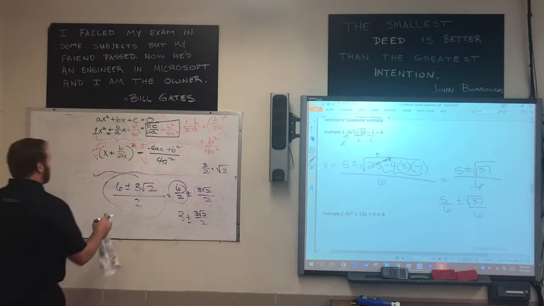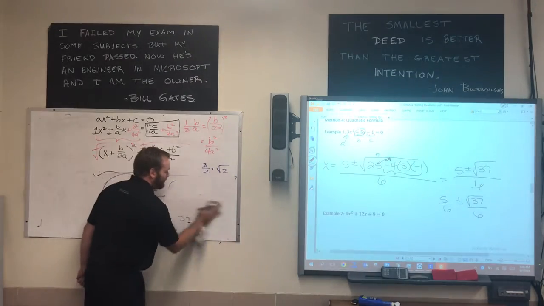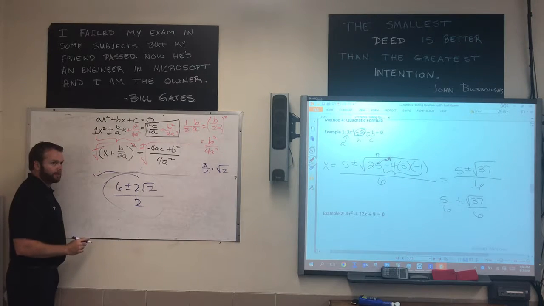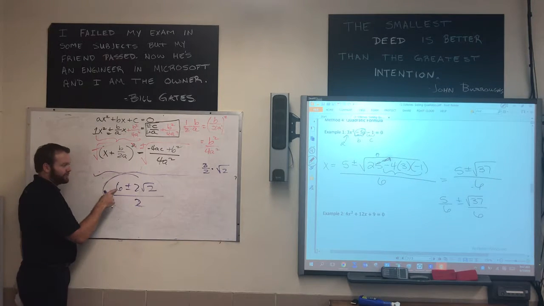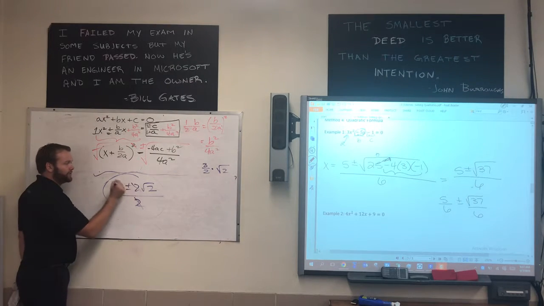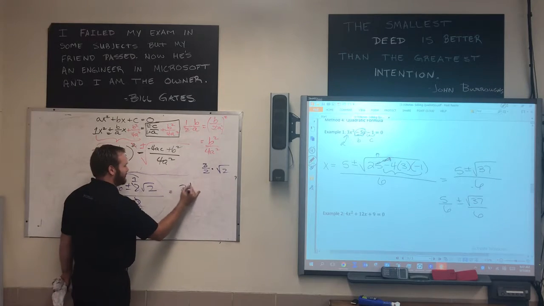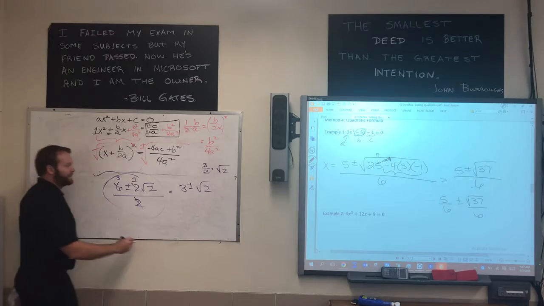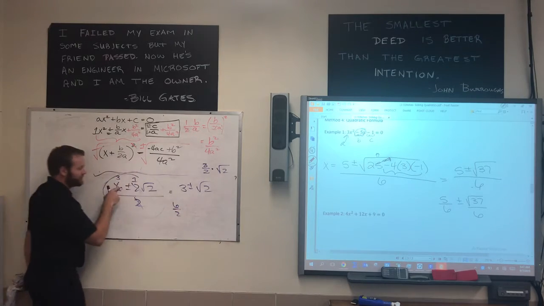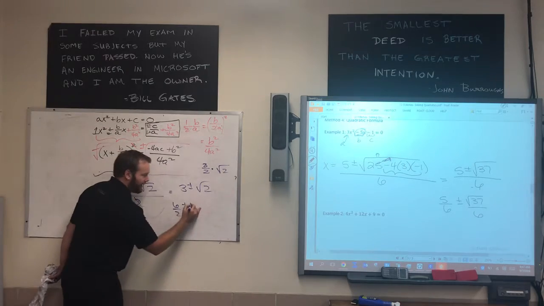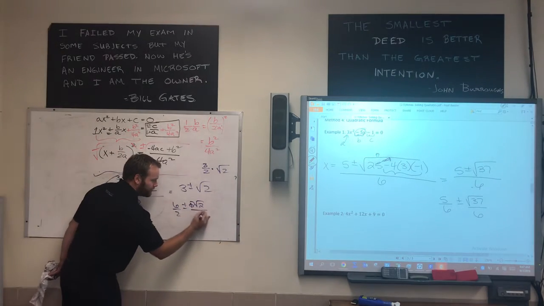All right? Now what happens eventually is that we say, okay, well, what happens if we have something like that? Well, now, because there's a factor of 2 there, and a factor of 2 there, and a factor of 2 there, then absolutely you can do that. That goes to 3, that goes to 1, and now I can rewrite this as 3 plus or minus radical 2. But the reason I can do that is because it's actually 6 over 2, plus or minus 2 radical 2 over 2.